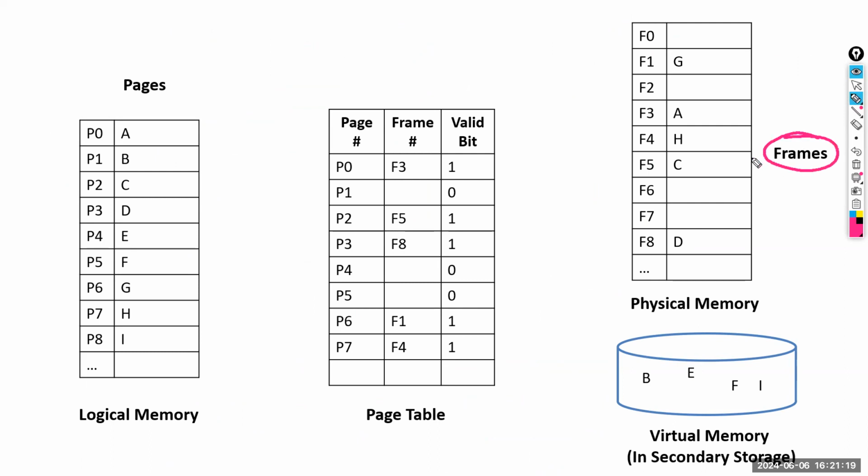A frame consists of a range of addresses. Maybe this frame has 100 physical memory addresses, and this is another 100 memory addresses. I just take 100 as an arbitrary value. In physical memory, a set of consecutive addresses is called a frame. Frame 0, frame 1, frame 2, frame 3, and so on.